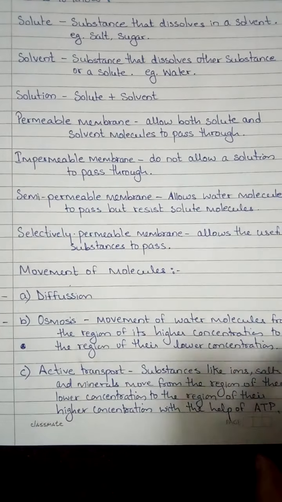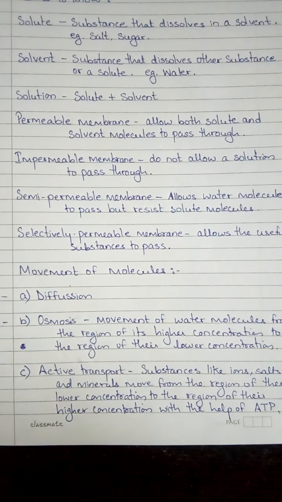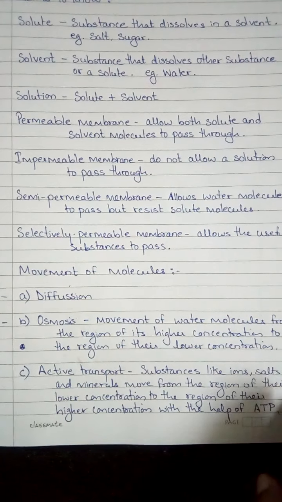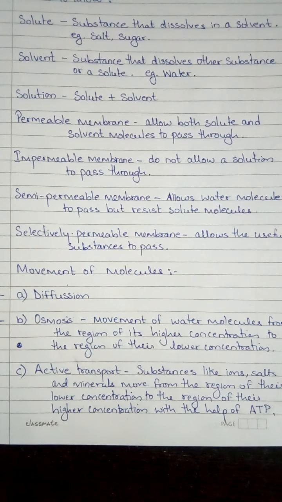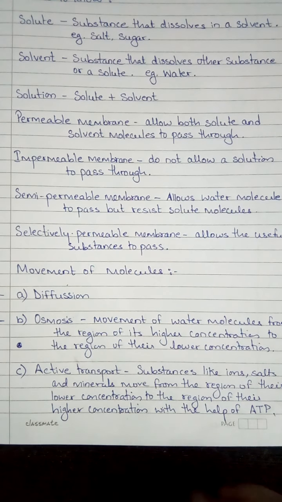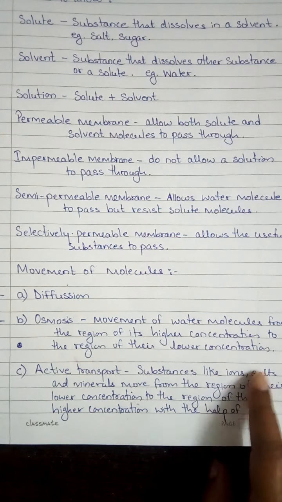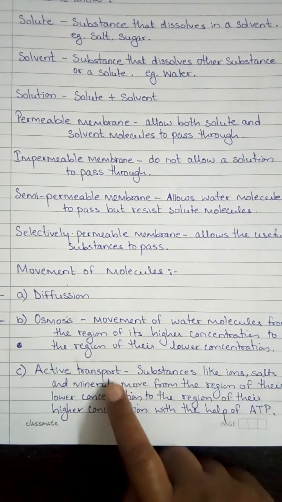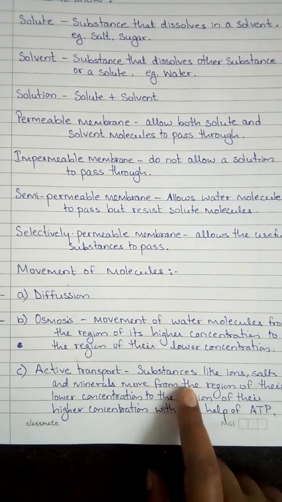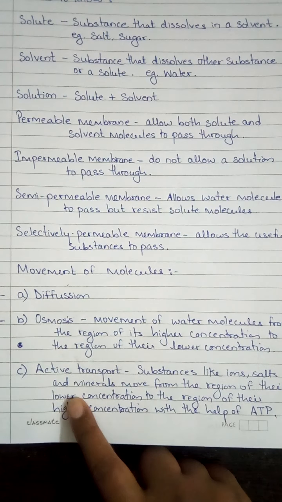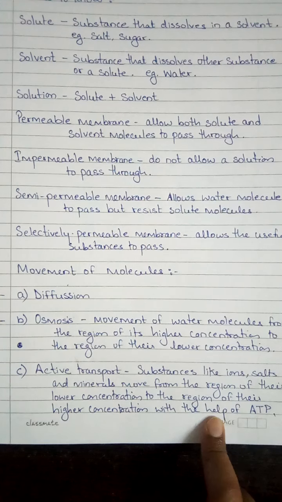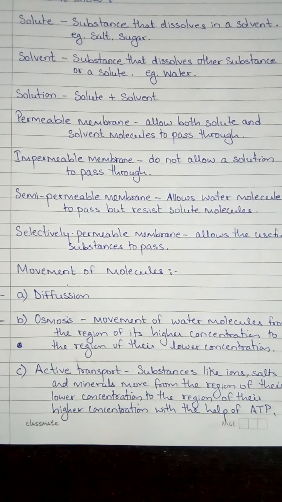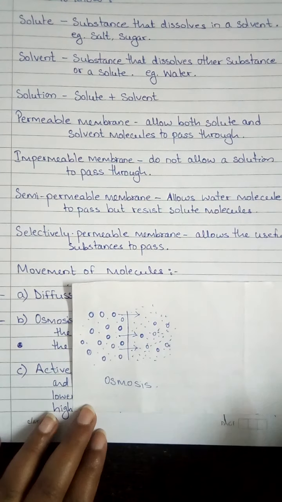Now active transport is a process in which substances move from their lower region of concentration to the higher region. Now here it is written, substances like ions, salts and minerals move from the region of their lower concentration to the region of their higher concentration with the help of ATP. Now we again take the same diagram.